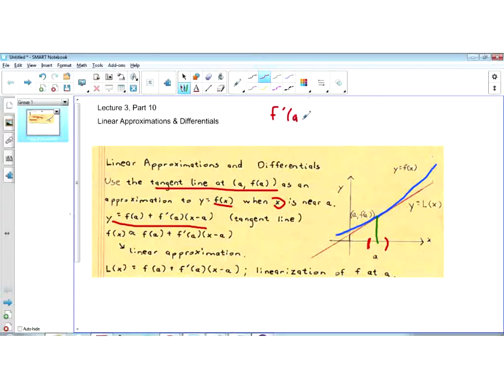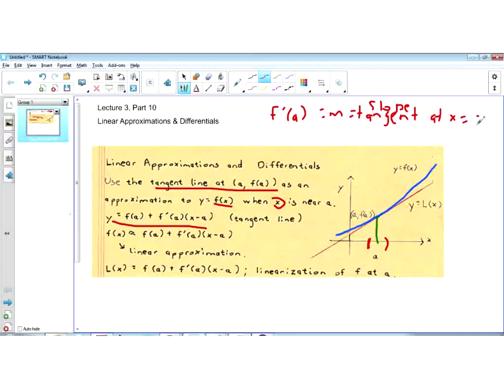Recall that this would be the slope of the tangent at x equals a.